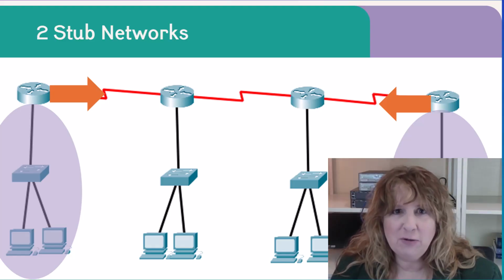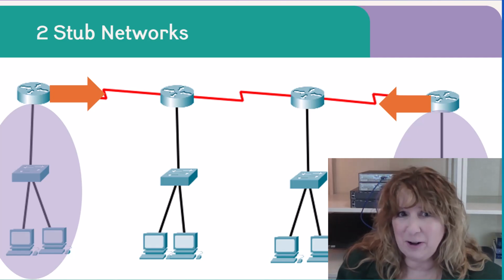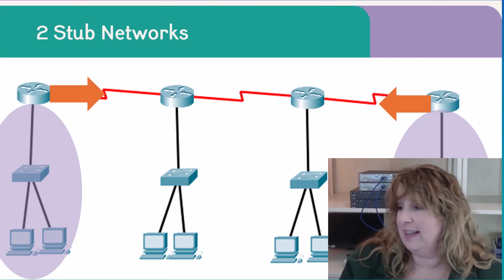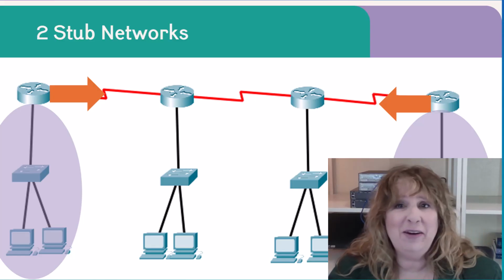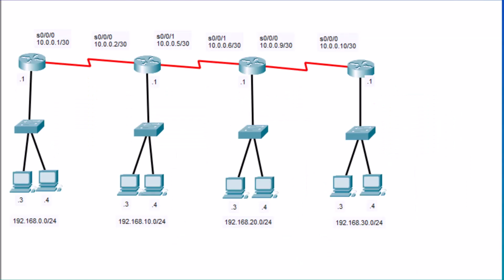Now that you've seen what a stub network is, let's actually configure the default route in Packet Tracer so these two routers know how to send packets off of the network. On my network here, I've already configured routing on the two middle routers. These two routers already have their routing configured.